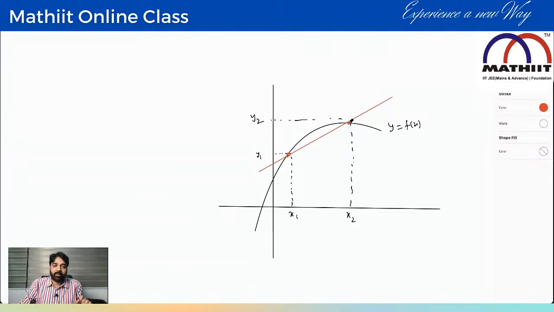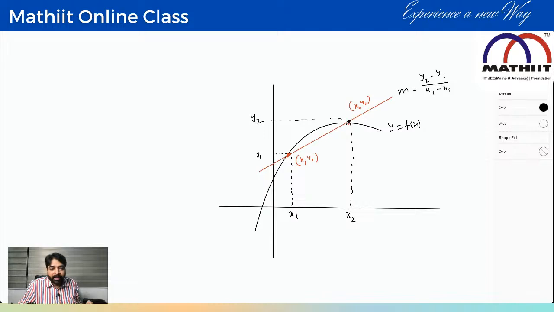This coordinate is x1, y1, and this coordinate is x2, y2. So you will say the slope of this line is y2 minus y1 divided by x2 minus x1.